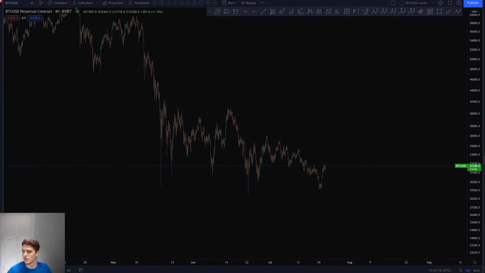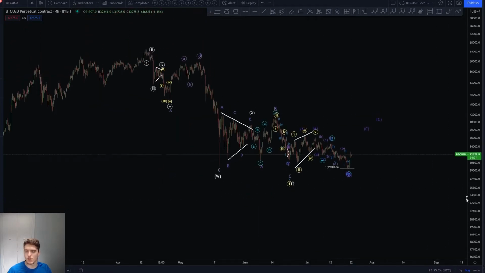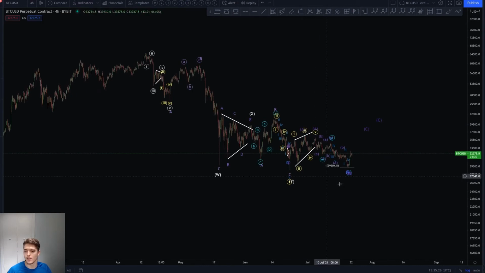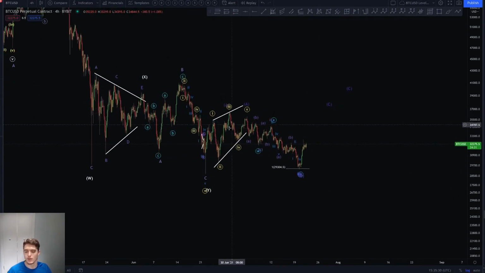Sorry, I'm trying to find the count. Here it is. So let's assume that this is all a WXY. Then in this case, this count could be accurate, where this is all a leading diagonal for wave 1.